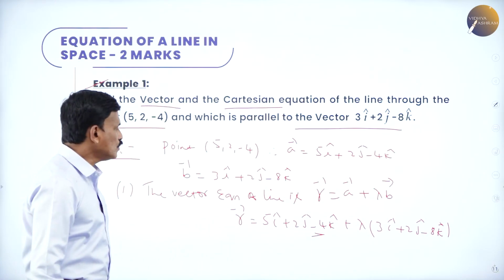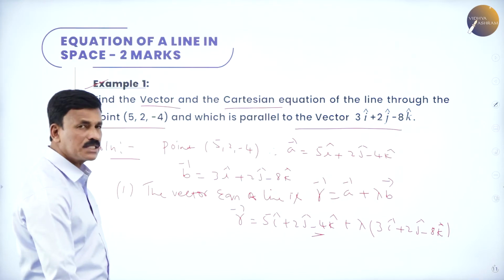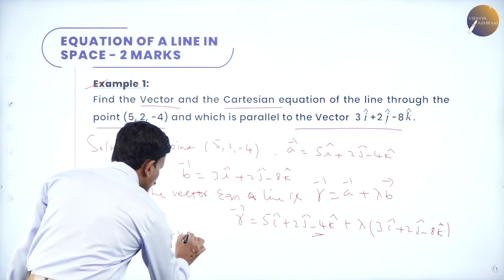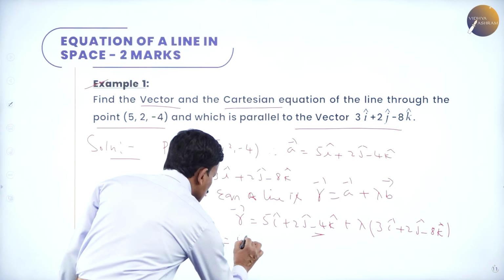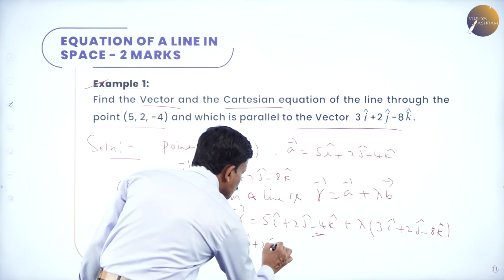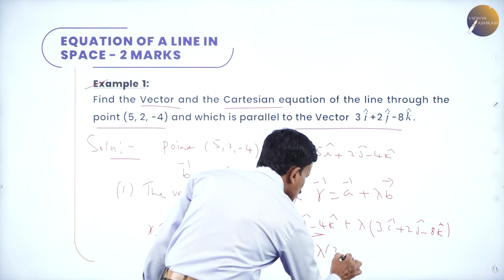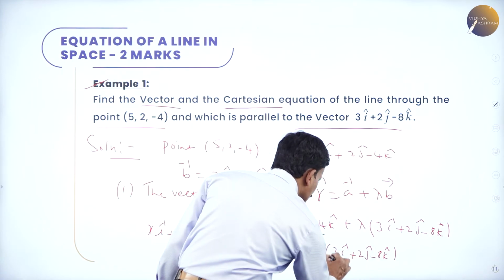Or if you want, you can put r as xi plus yj plus zk is equal to 5i plus 2j minus 4k plus lambda times 3i plus 2j minus 8k.